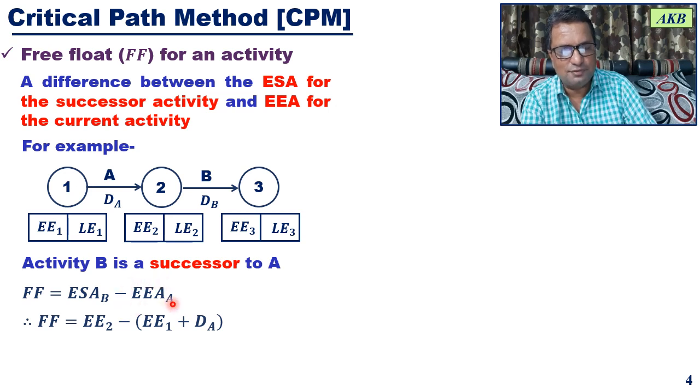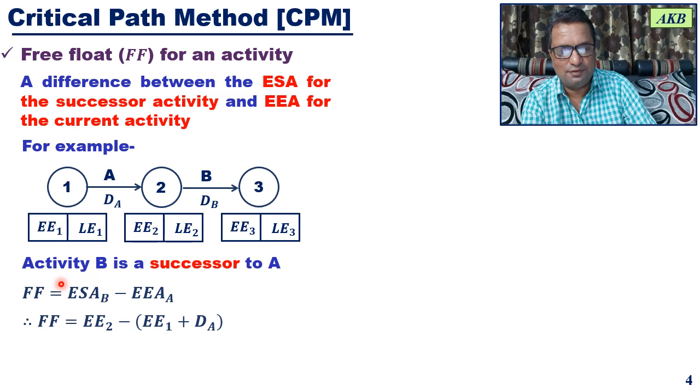Okay, and the earliest end time for an activity is the earliest event time for the tail event plus the activity duration. So we have modified this equation.